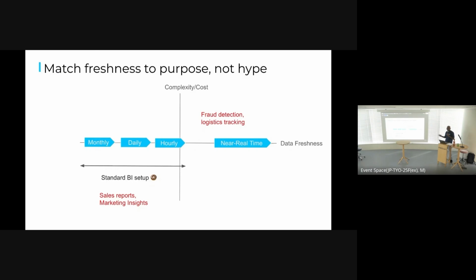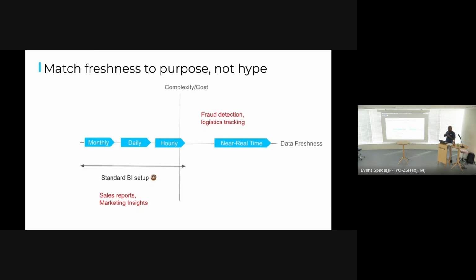And fresh data means that you spend more money on computation resources and also storage resources. So if you plot it along cross hairlines like this, you could see that fraud detection and logistics tracking come to the top right corner.